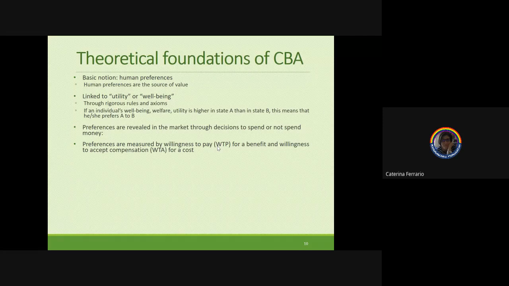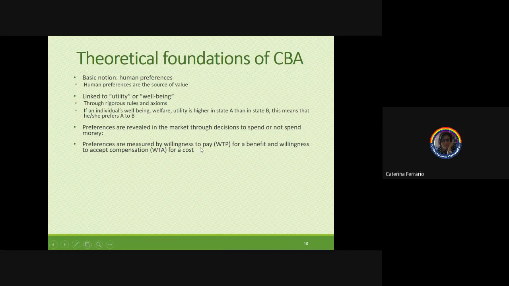The higher the willingness to pay for a certain condition, the higher the preference of an individual for that given condition. The higher the willingness to accept compensation, the higher the damage that an individual would derive from a given situation.